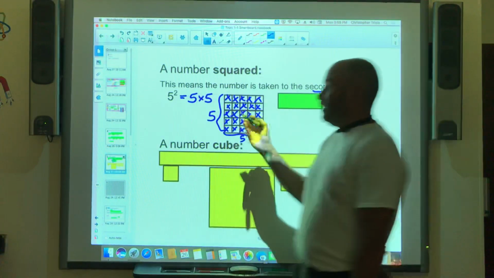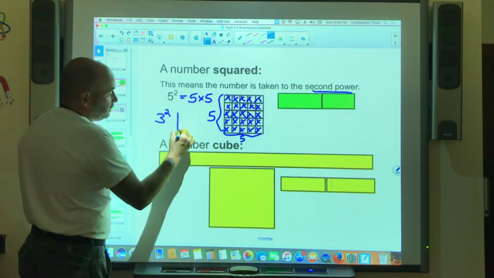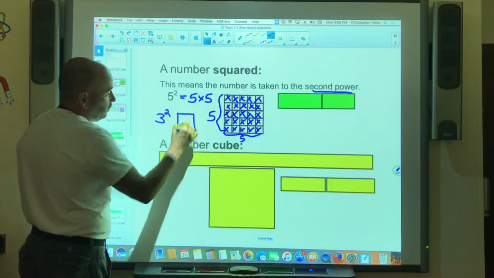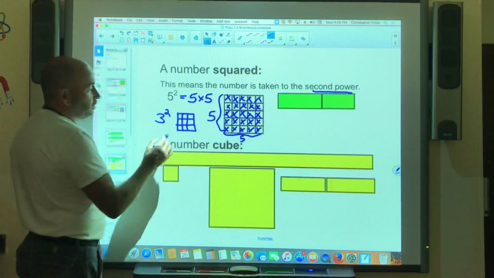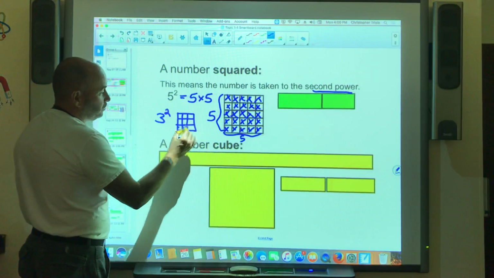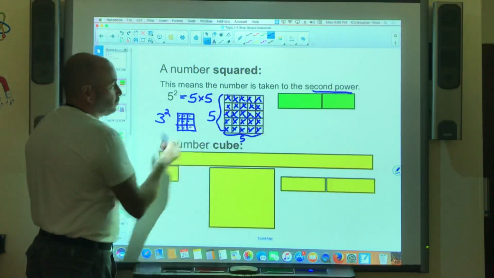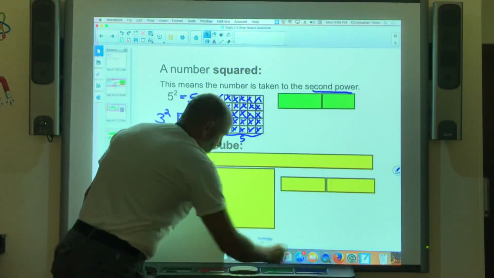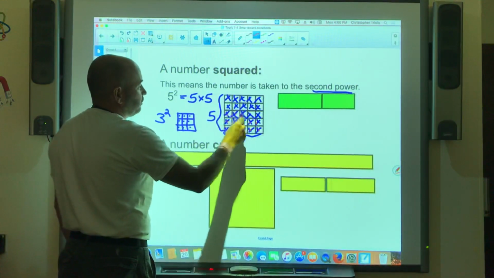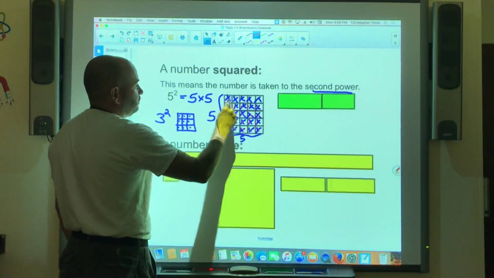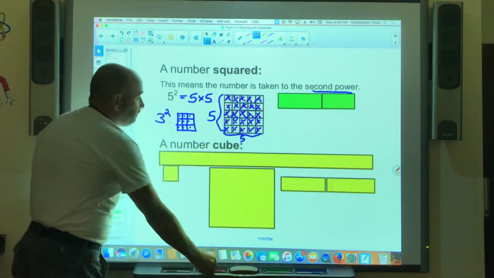If it was, say, 3 squared, you would have a square with 3 columns and 3 rows, which would give you a value of 1, 2, 3, 4, 5, 6, 7, 8, 9. 5 squared gives you a value of 25. 5 times 5 is 25.